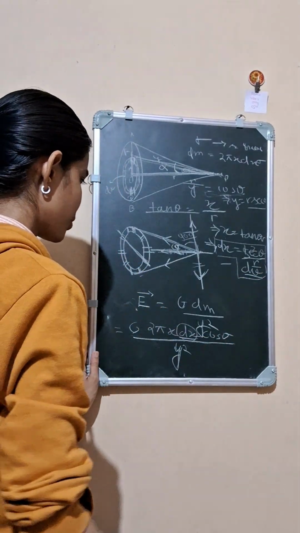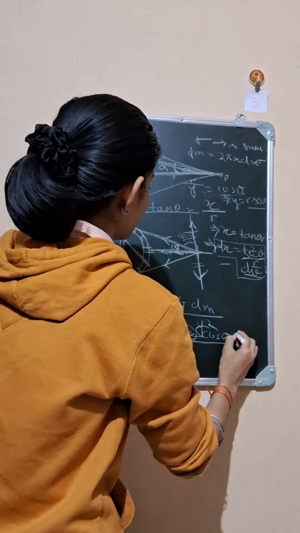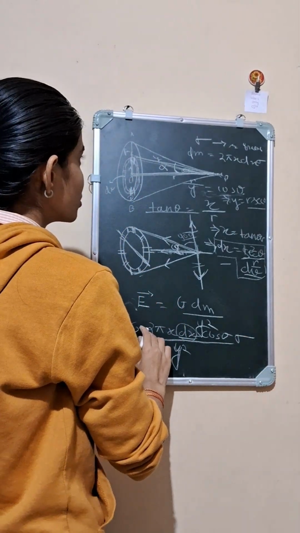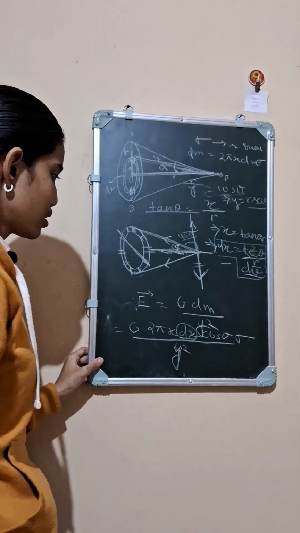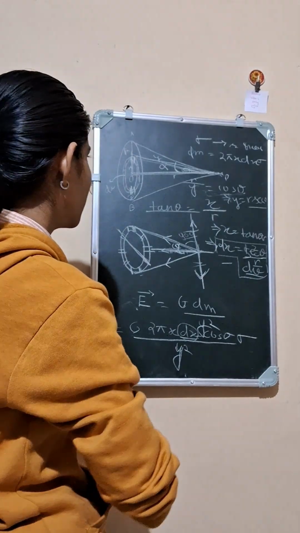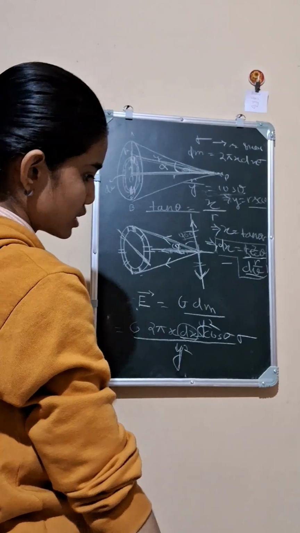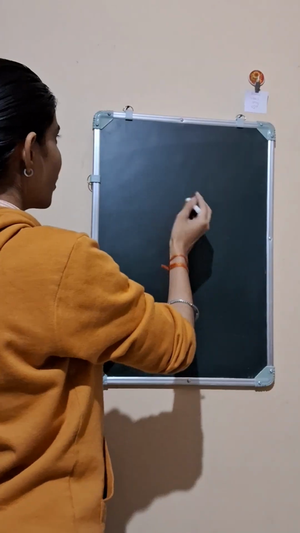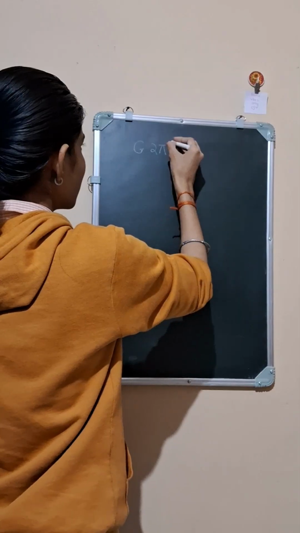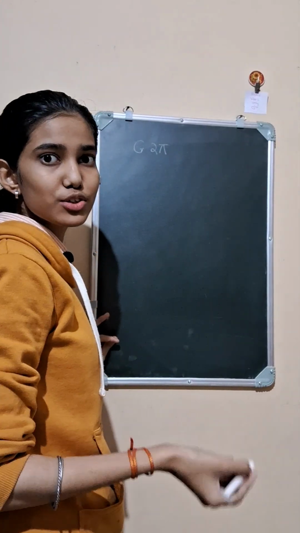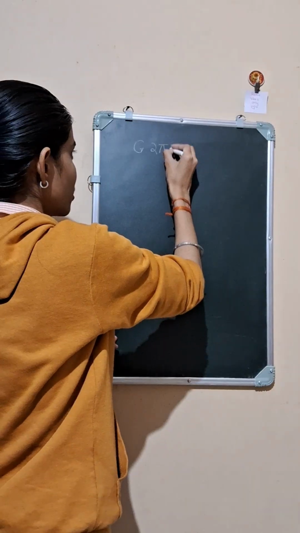So now I am going to find, sigma is missing here, G into 2 pi x dx sigma. Let me erase this upper part so I can write here. Now I have the potential G 2 pi x. X can be replaced with r tan theta because x by r equals tan theta.